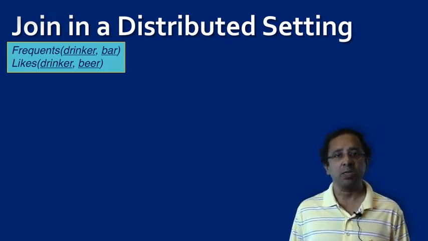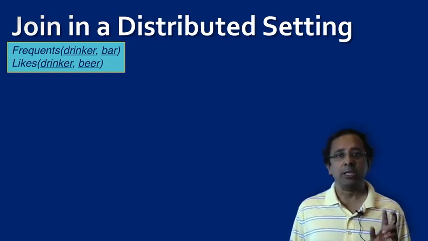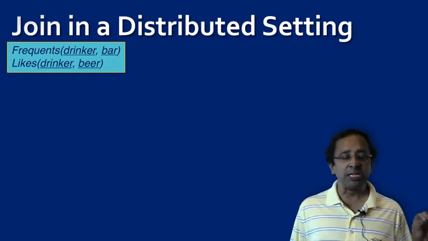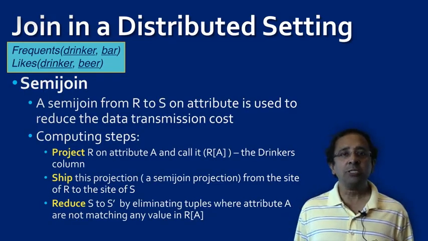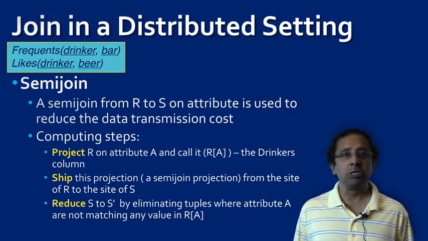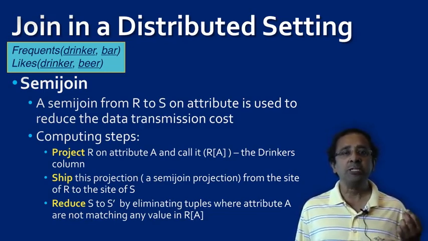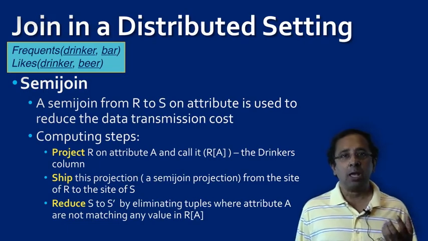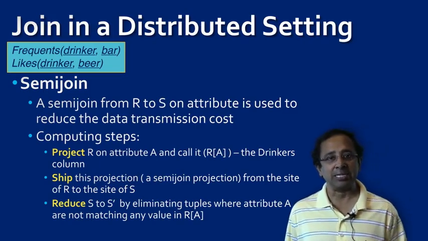Now we define an operation called semi-join, in which we need to move data from one machine to another. The goal of this semi-join operation is to reduce the cost of data movement. That is, to move data from the machine which has the frequents data to the machine with the likes data.